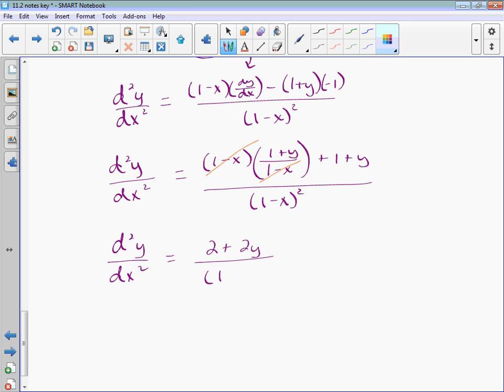Over 1 minus x squared, and that's it. So anytime with implicit, when you're doing that second derivative, you're going to have to plug in your first derivative. That's the beauty of it.